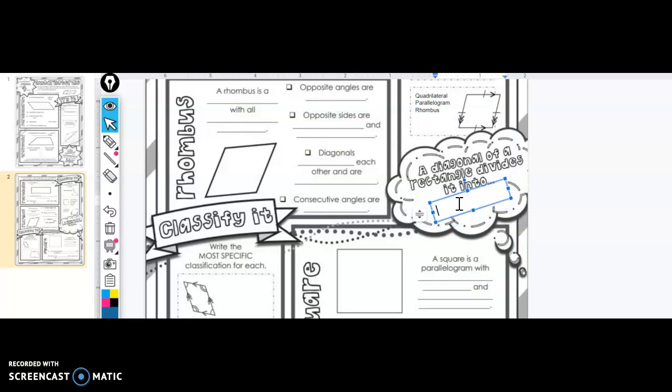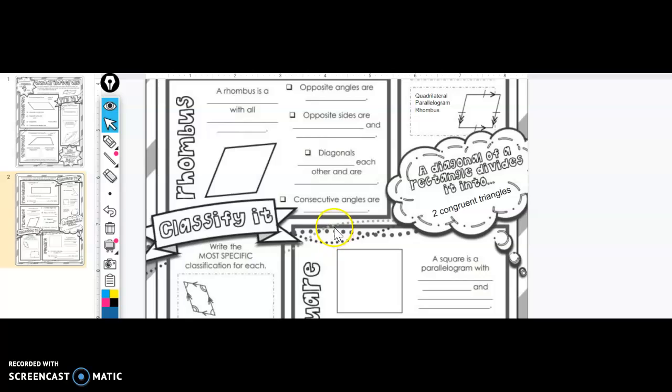Okay, so what happens when we draw one diagonal in a rectangle? It gives us two congruent triangles. It splits it into two congruent triangles. That's what happens. I get two congruent triangles. That means the two triangles are equal to each other.